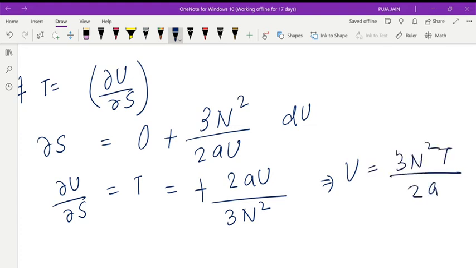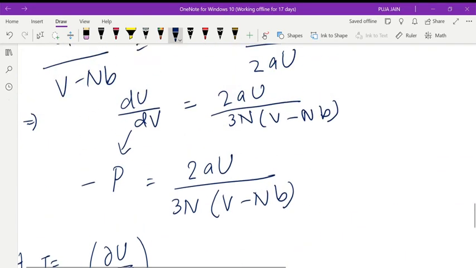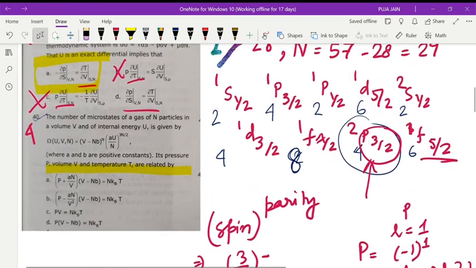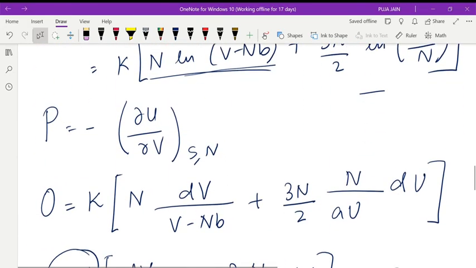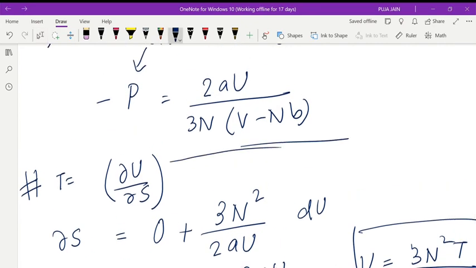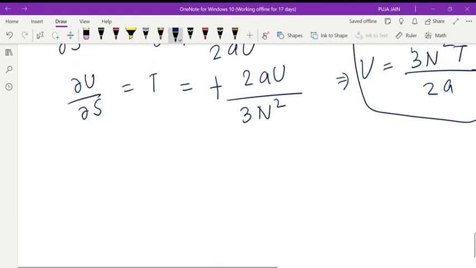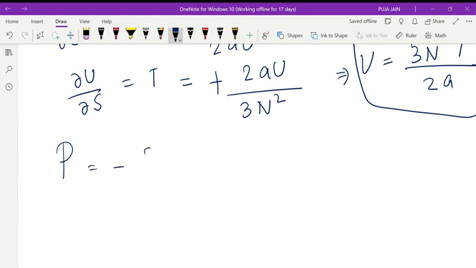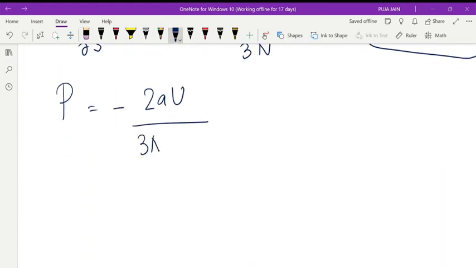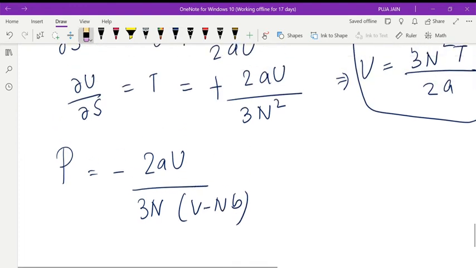So substituting this value, because in the options nowhere there is U, right? Let me check. There is nowhere U. So we substitute this value here. What will we get here? We got P is equal to minus of 2aU by 3N(V minus nb), and the value of U we got here.